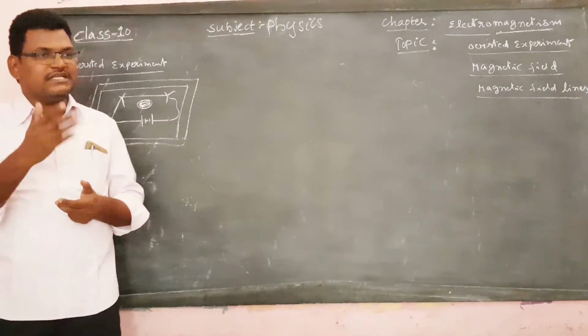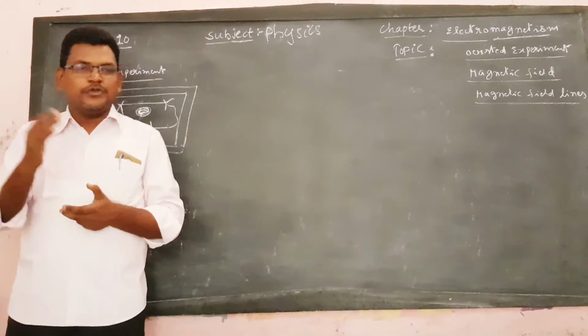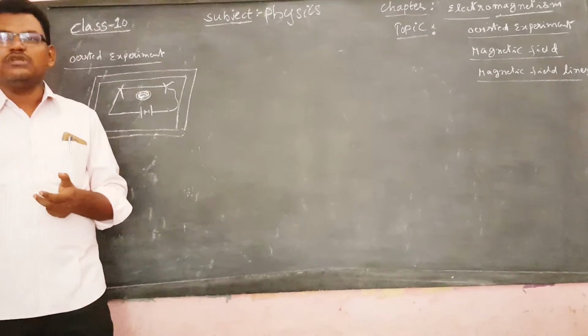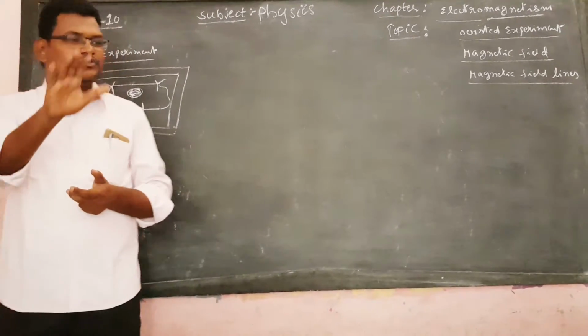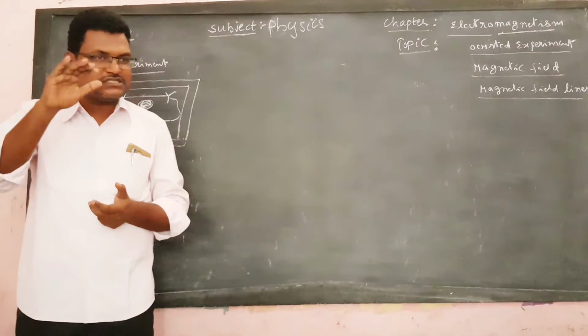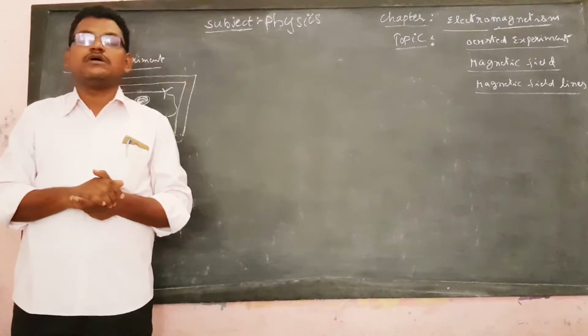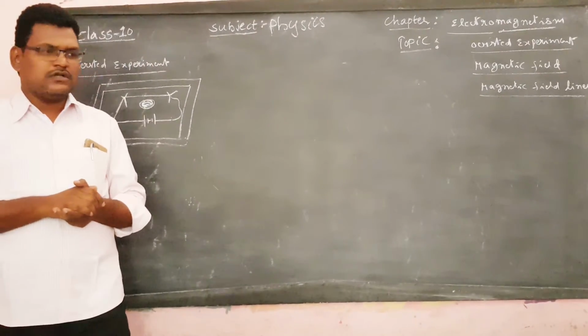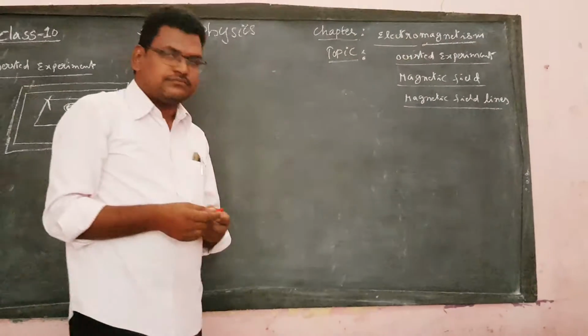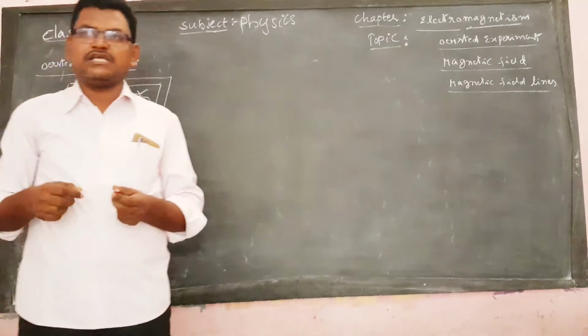But after 1820, people came to know that magnetism is not only due to magnets but also due to the flow of current. The flow of current can also produce a magnetic field. Magnets can produce the magnetic field.